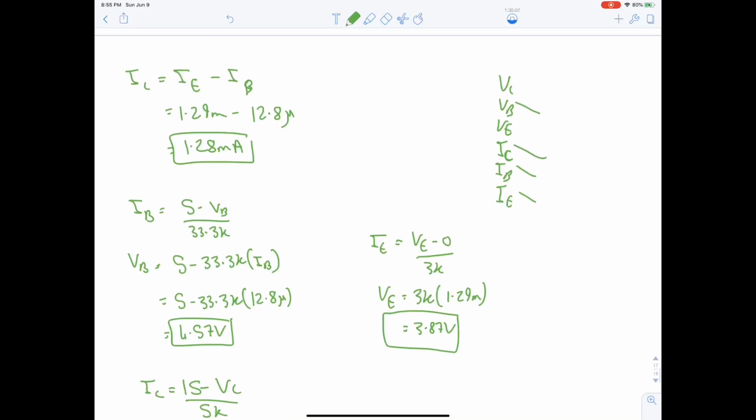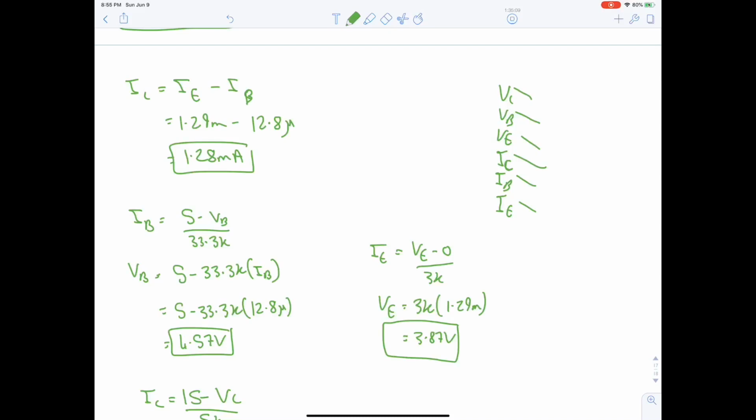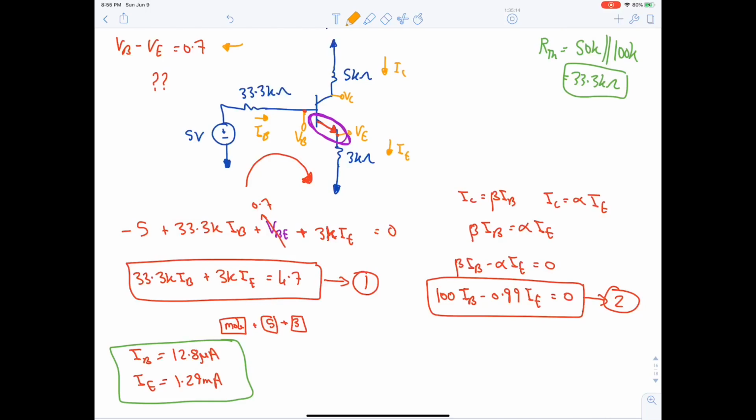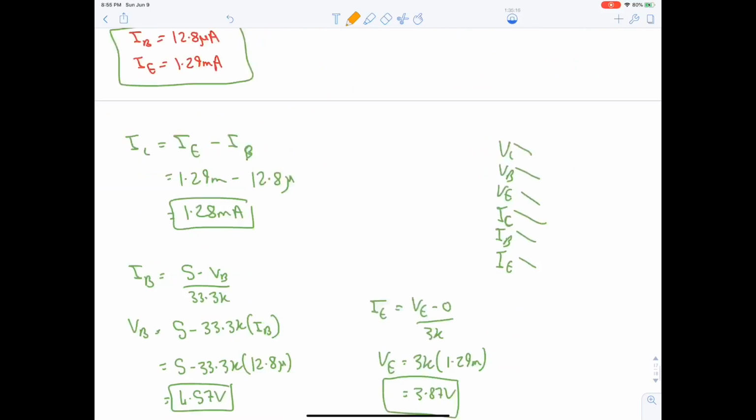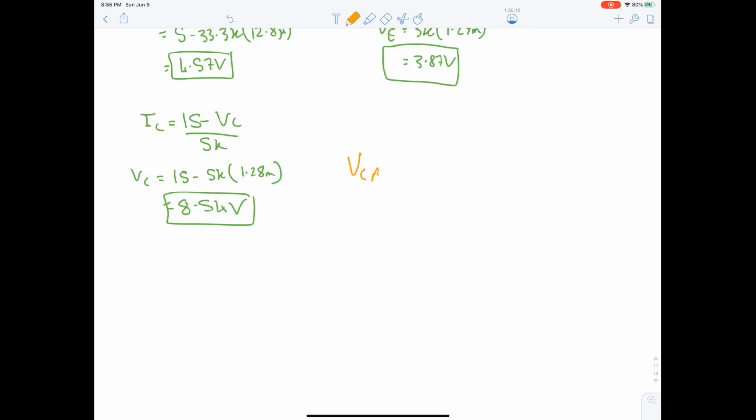So after we found all the unknowns, the last step is to check on VCB. VCB has to be greater than or equal to 0. VC minus VB greater than or equal to 0.